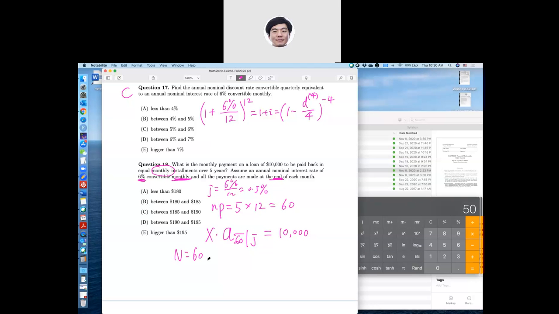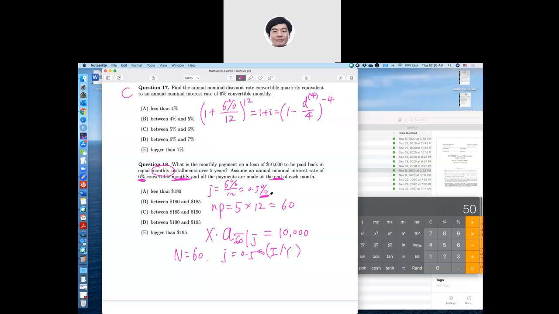You need to give J. J is the interest rate, so in my calculator that's I/Y. It always ignores the percentage, so type 0.5, not 0.005, because it's multiplied by 100.